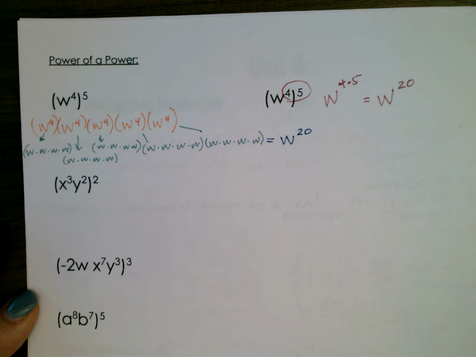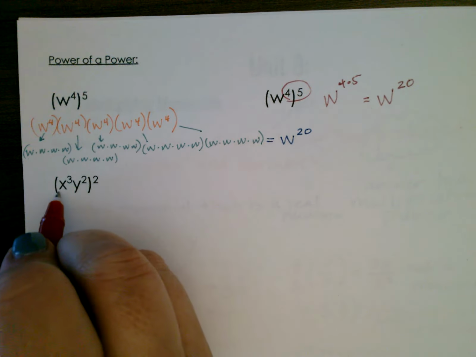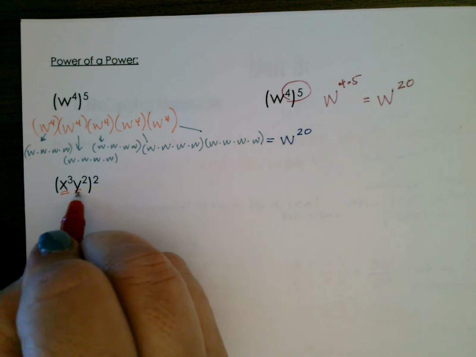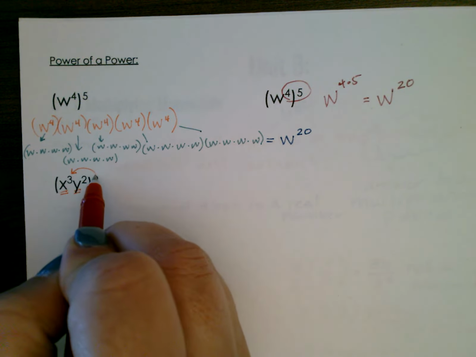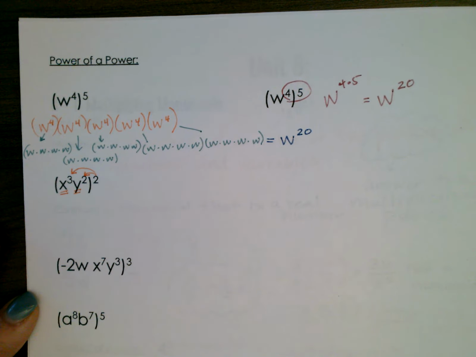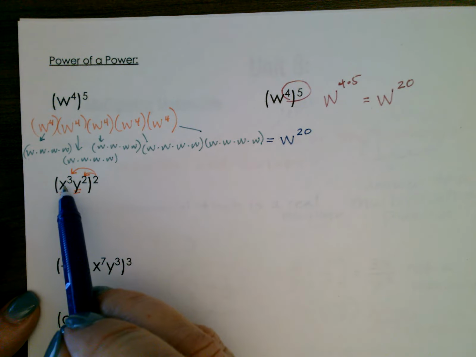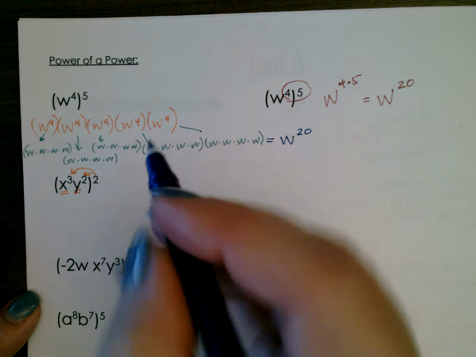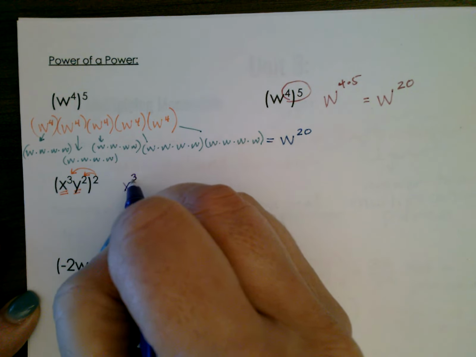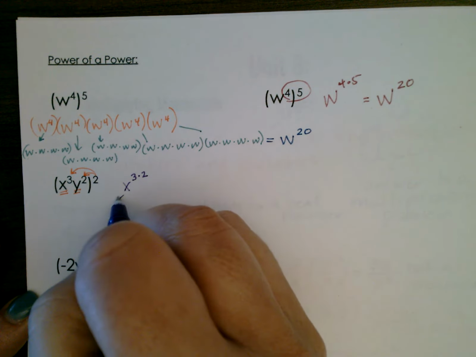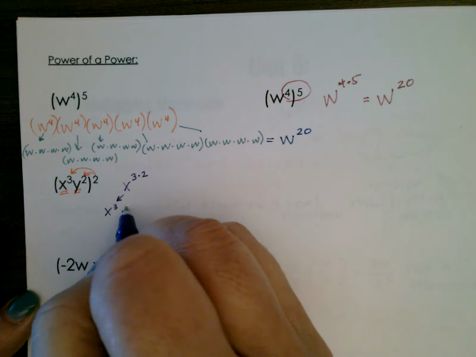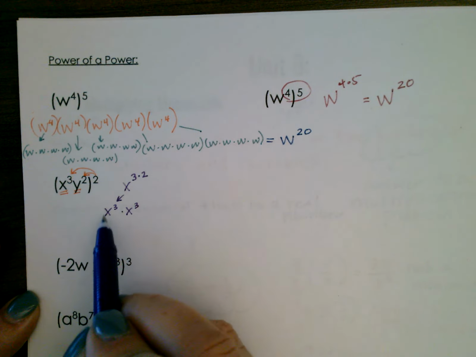When we get to this math problem, we have 2 different bases, so we cannot combine like terms. And we have an exponent outside the parentheses, so we need to distribute. This would be x cubed times 2, because we want x cubed squared, so it's like saying x cubed times x cubed.